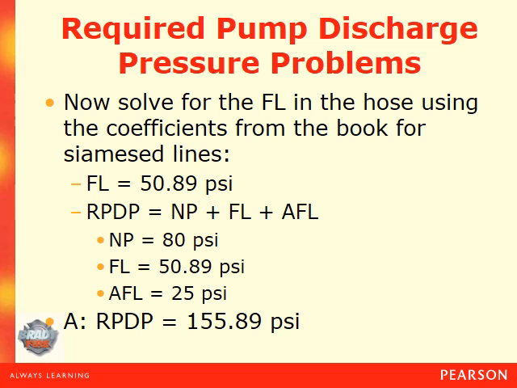So that comes out to be 50.89 psi. So we've got our friction loss, we've got our nozzle pressure, and then we add an additional 25 for the appliance being the master stream. Add them all together, so your required pump discharge pressure should be 155.89 pounds per square inch on your pump panel.